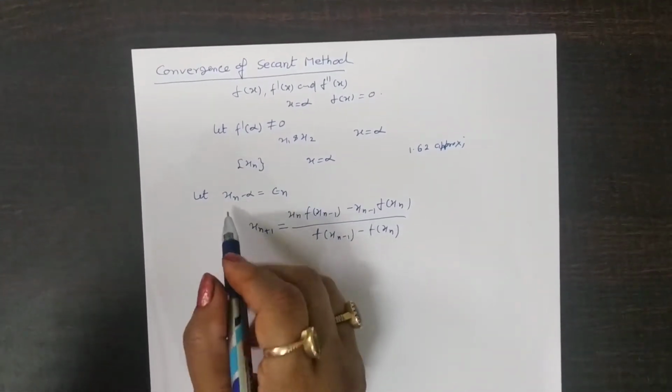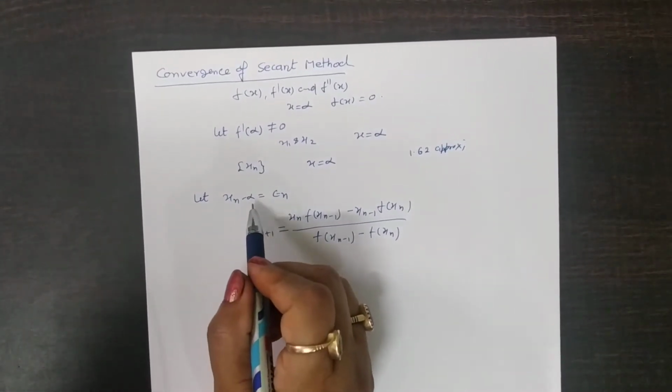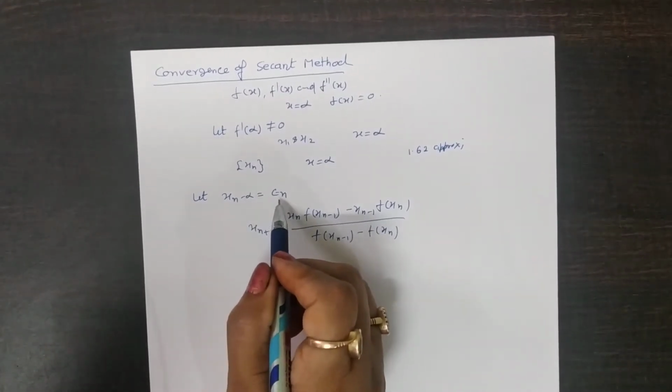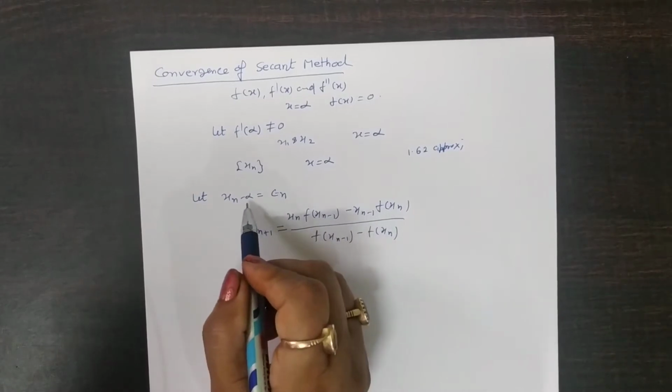Now as xn minus alpha is epsilon n, x(n+1) is equal to epsilon(n+1) plus alpha.